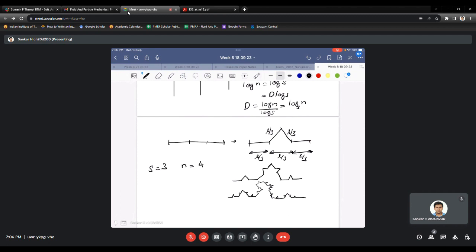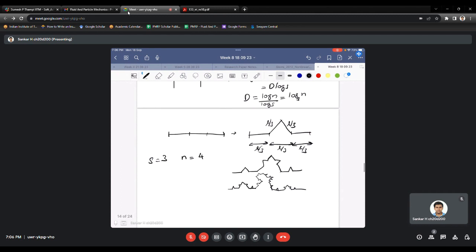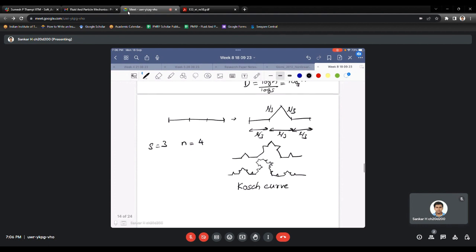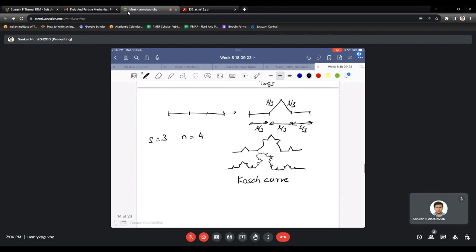You can do this again and again, and it will lead to something known as a Koch curve. The dimensionality of this Koch curve is given by log 4 to the base 3, which is approximately 1.4.